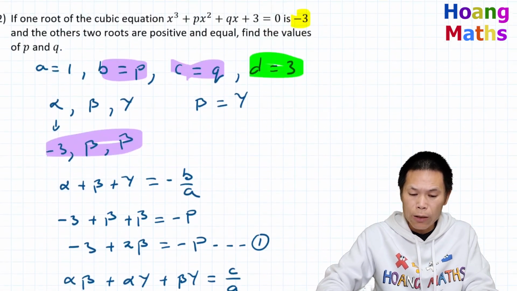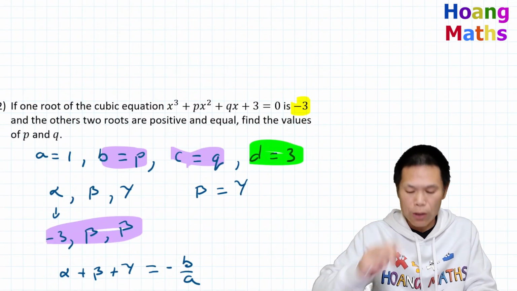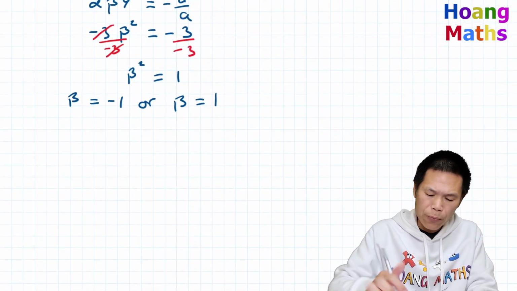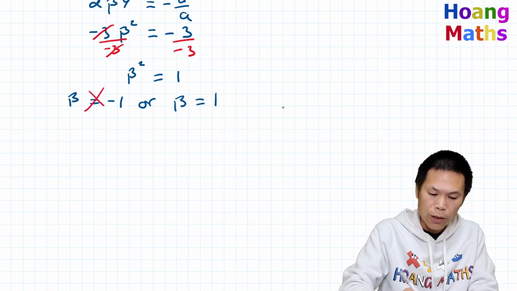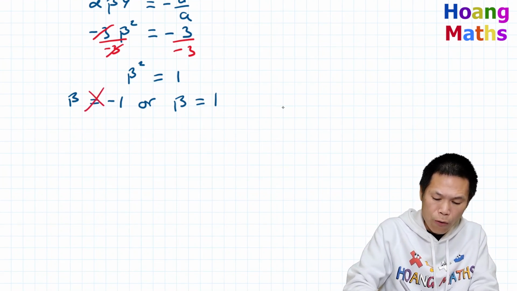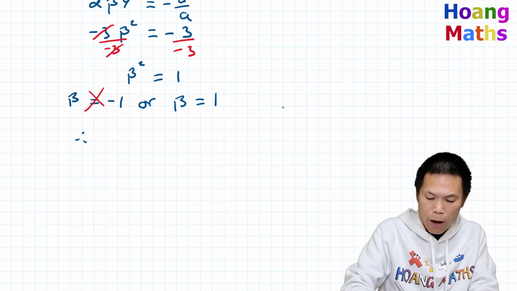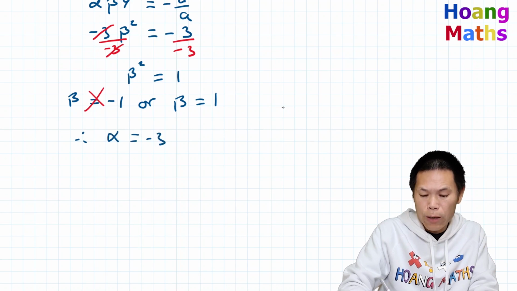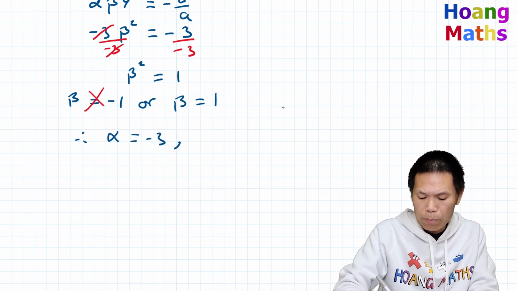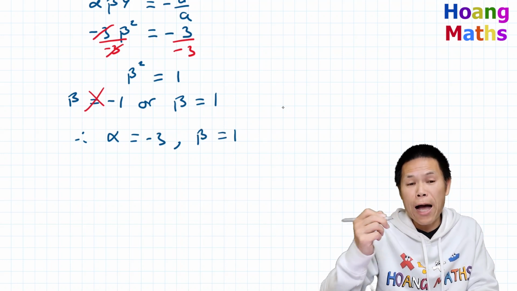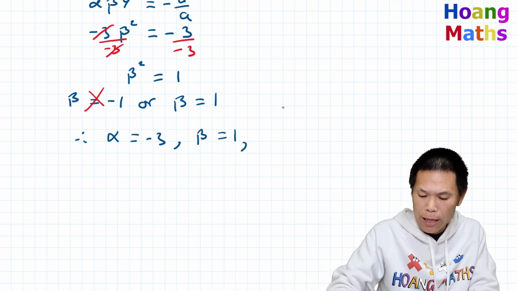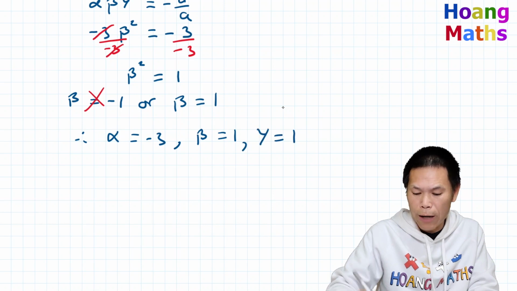And we know that the roots are positive, so we can ignore negative 1. Therefore, alpha is negative 3 and beta is equal to 1. And gamma is equal to beta, so that means gamma is also equal to 1.